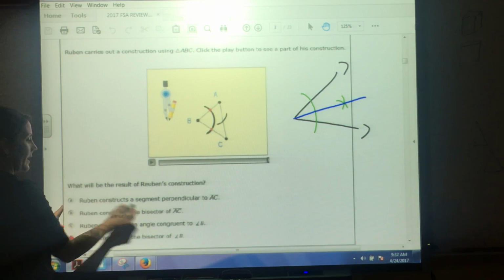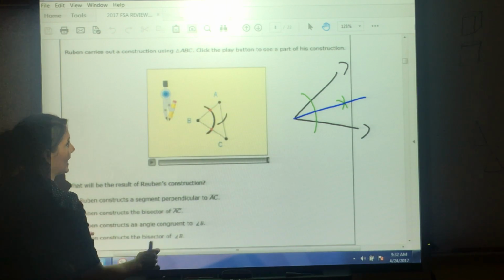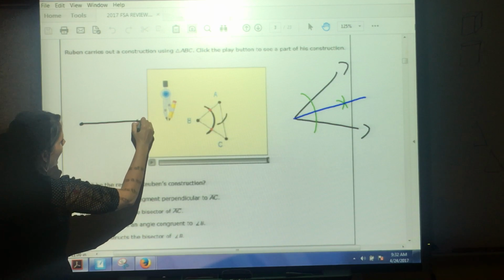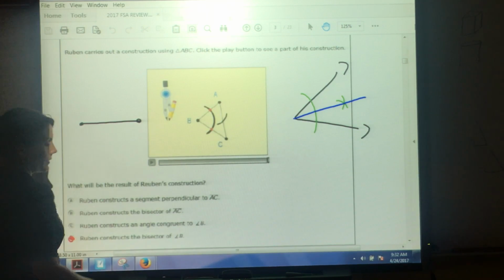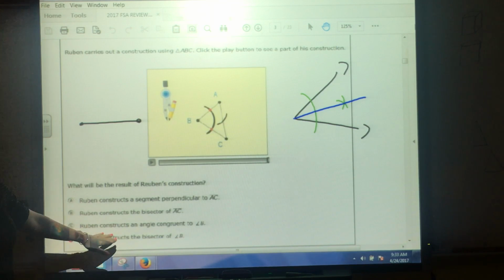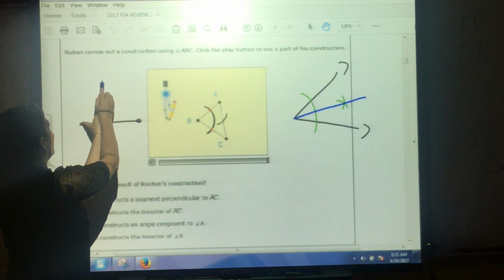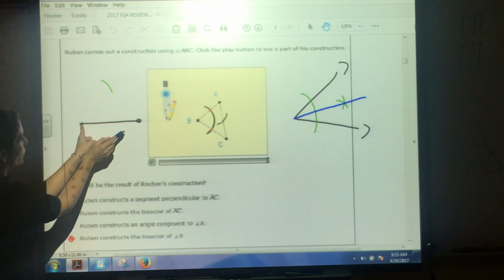Now what he's talking about here with B is bisecting the segment. When you're talking about bisecting a segment, it is the perpendicular bisector. You also make the midpoint of the segment. You do the same process. You take your compass, pick a point, and go here without adjusting the width.